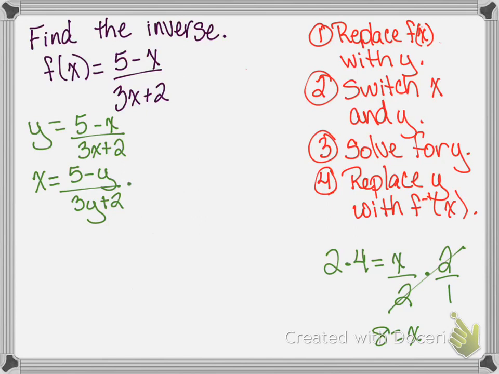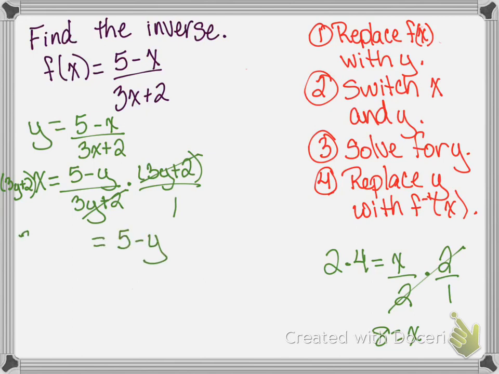We're going to multiply both sides by (3y plus 2). Then the 3y plus 2 on the denominator and the 3y plus 2 that I'm multiplying by simplify, so on the right-hand side of my equation, I'm left with 5 minus y.